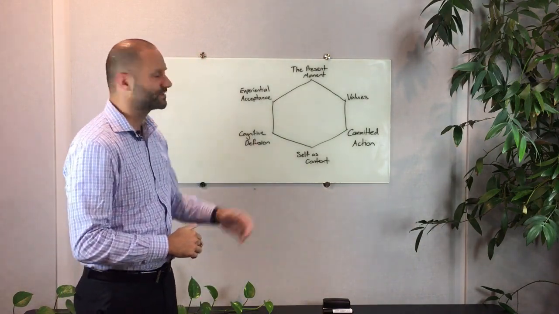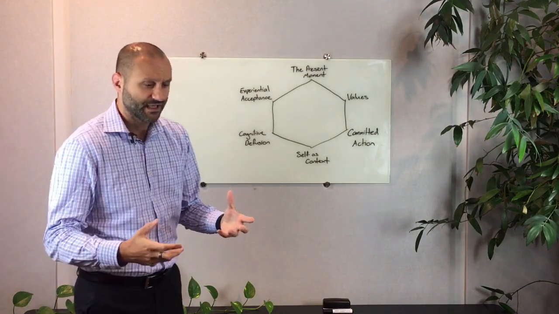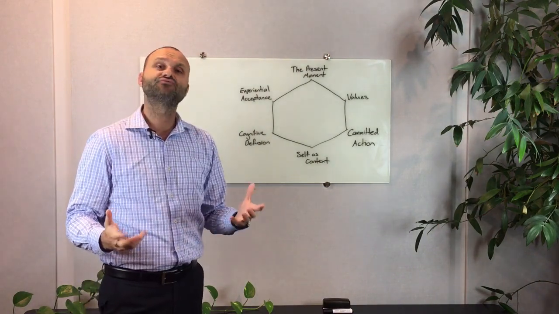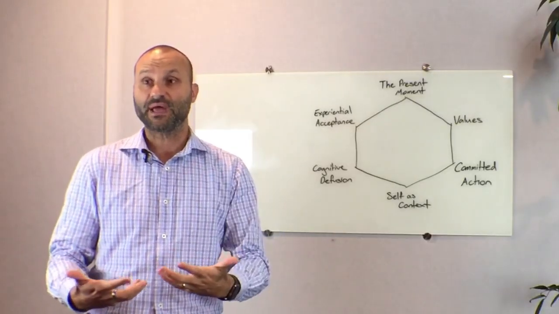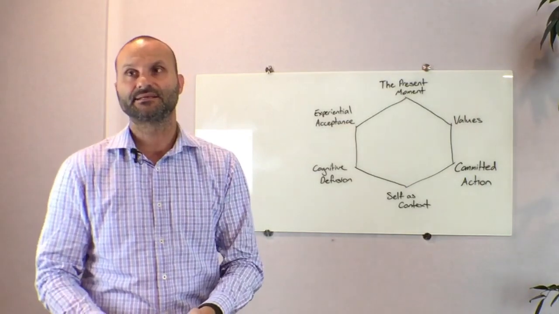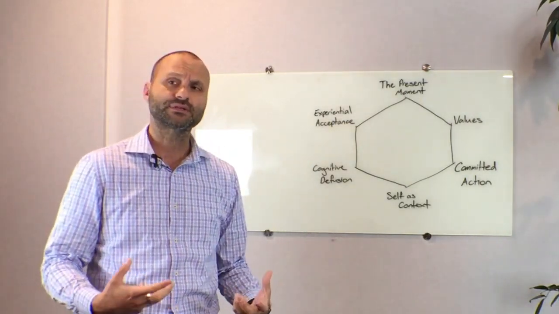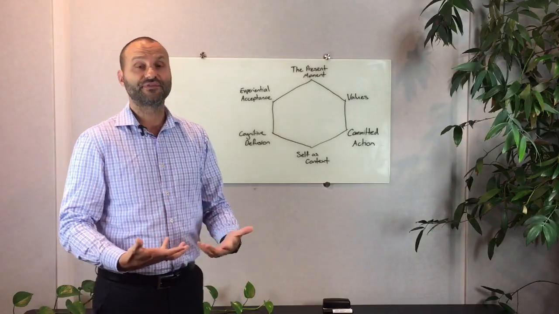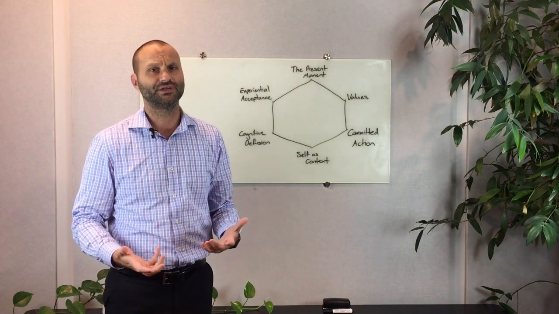So here on the left-hand side, we've got experiential acceptance. Experiential acceptance, also known as just acceptance, is really about coming to live with or coming to expect life as it is. So living with life as it is. Experiential acceptance looks at holding those feelings as they are, the world as it is, and not trying to change it.